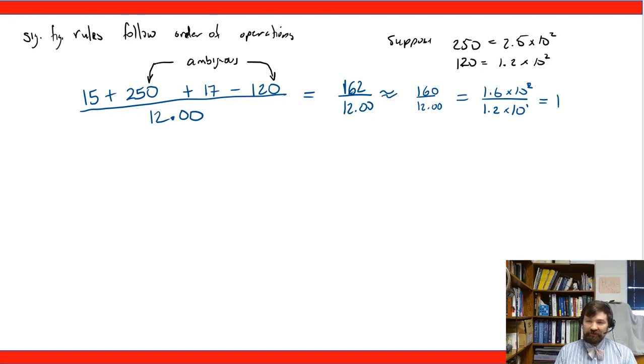So we would say 1.25 times 10 to the 1, but you only get to keep two significant figures. So this 5 goes away and you end up with about 1.3 times 10 to the 1, or if you'd prefer 13. Okay, so you retain only two significant figures even though the one on the bottom had 4.